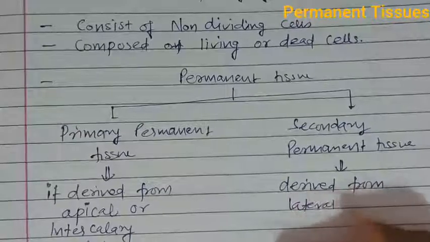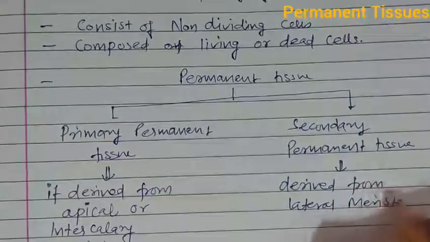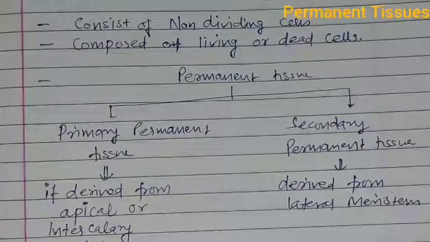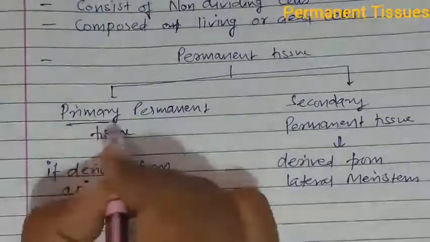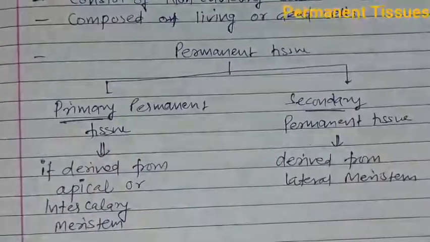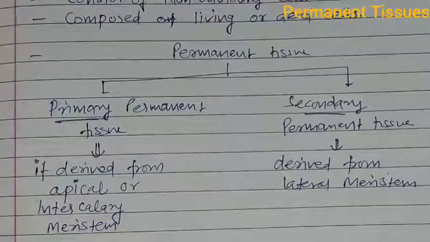This is a type based on origin, from which type of cell they originated. Based on that they will be called primary or secondary permanent tissue. Now this is the first classification.